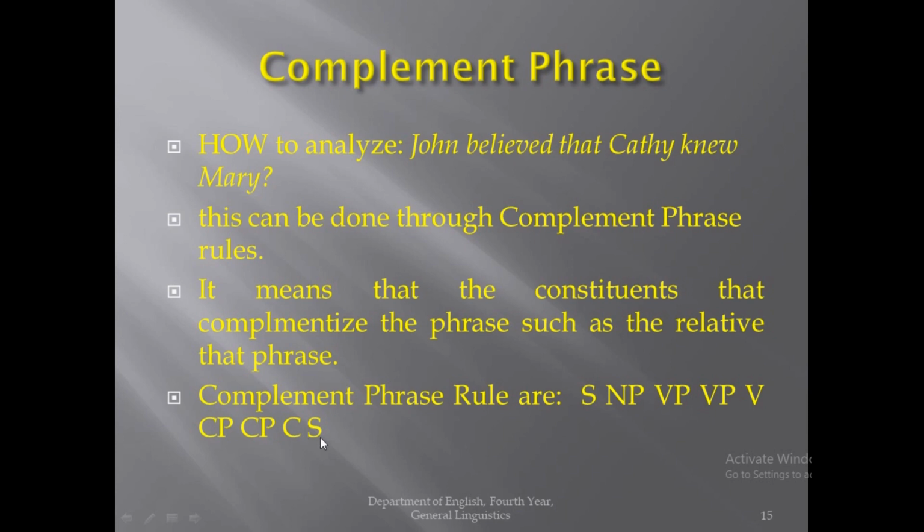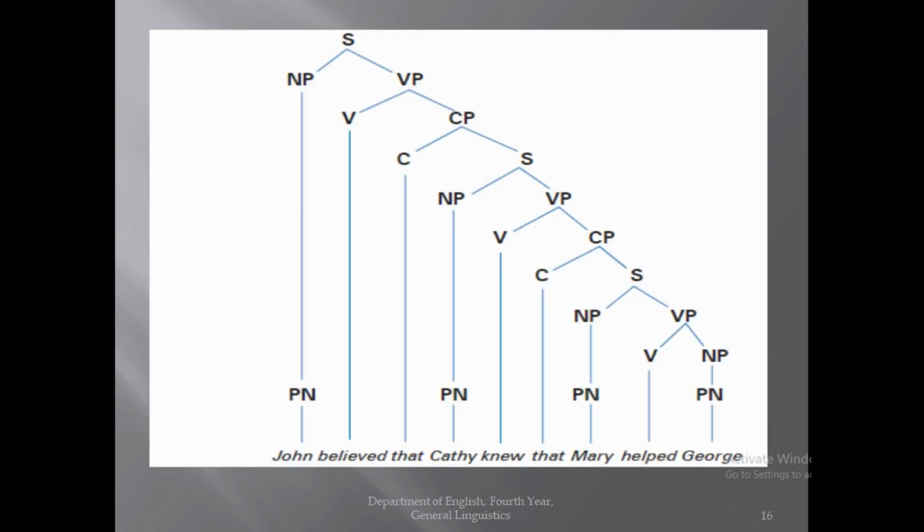And then we go on analyzing the sentence as is usual, which is noun phrase, verb phrase, etc. Now let's see. So "John believed that Kathy knew that Mary helped George," and so on.